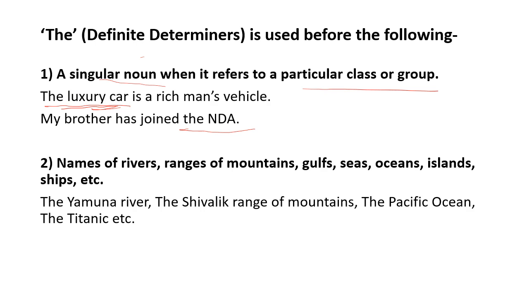Second, the is used before names of rivers, names of mountain ranges, names of gulfs, names of seas, names of oceans, names of islands, names of ships, etc. For example, the Yamuna River, the Shivalik range of mountains, the Pacific Ocean, which is the name of an ocean, the Titanic, the name of a ship.